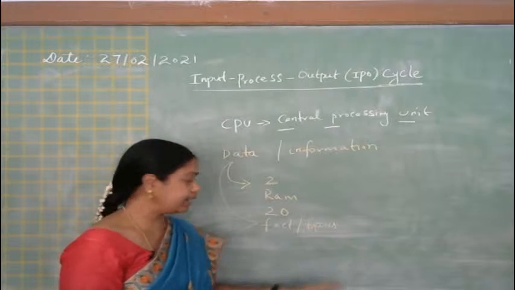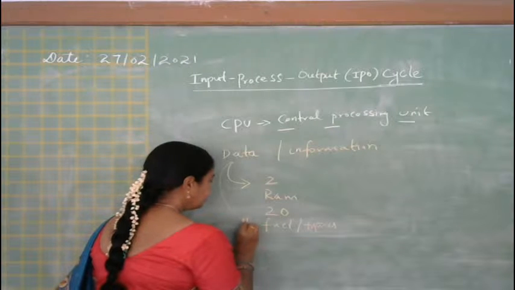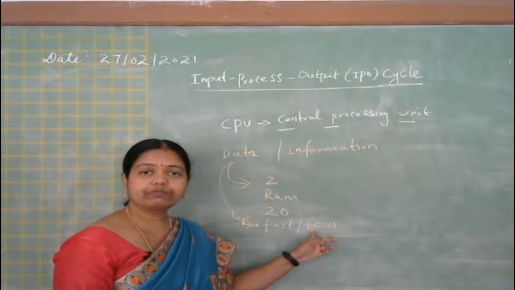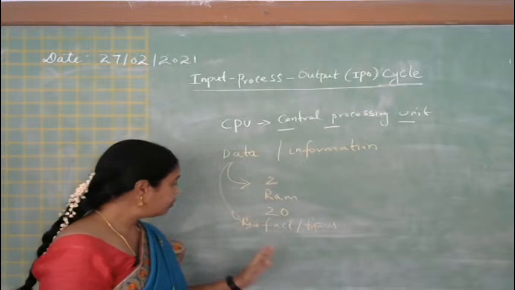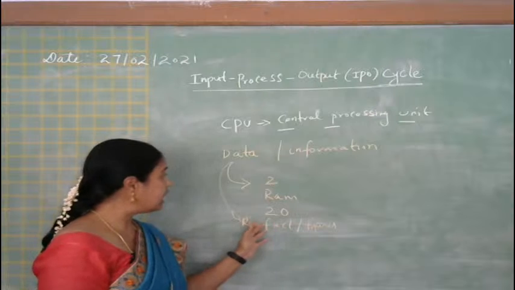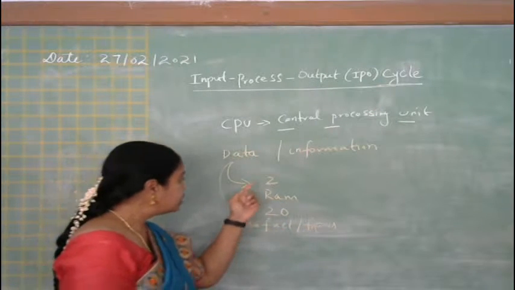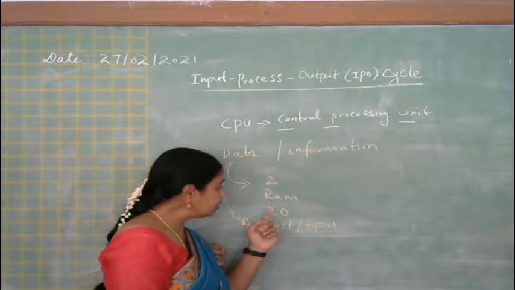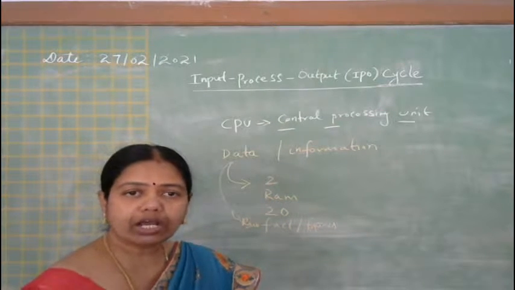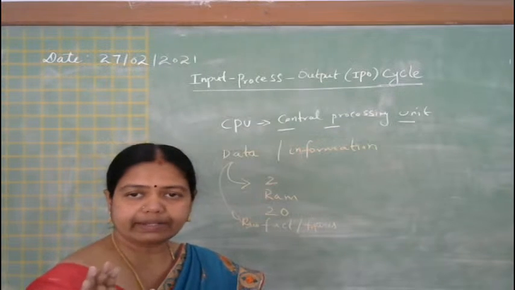The raw facts or figures are called data. So for example, you can give 2 and then RAM and then 20. These are all some of the raw data you are giving as input data.